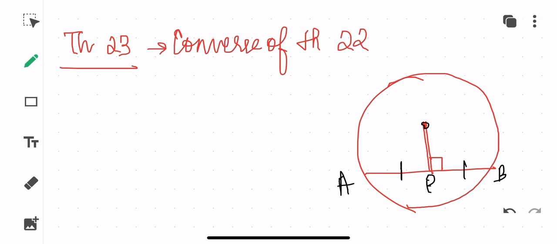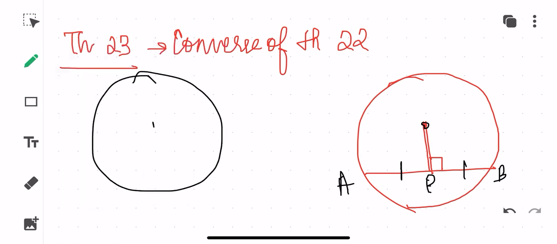Now you can see here, children, that both the theorems are very much related to each other, and therefore it can sound quite confusing. But you need to understand this, children. I'll explain once again what they are saying here. In theorem number 22, suppose there is a circle. From the center of this circle, suppose I am dropping a line, and if it is bisecting the chord into two equal halves, then this particular line is perpendicular to the chord.